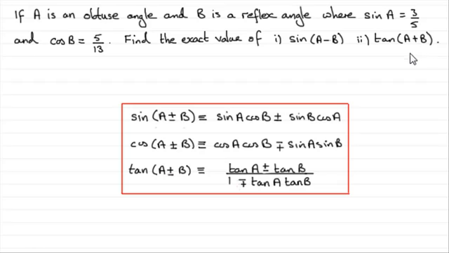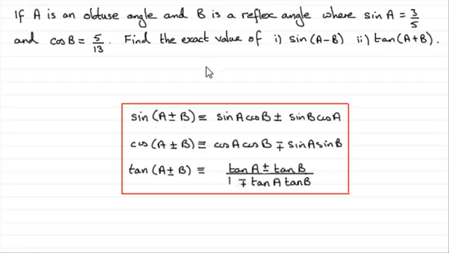Now, when I get students doing questions like this, their first reaction is, okay, why can't I get on a calculator, just work out what angle A is by doing the inverse sine of 3/5 and get what B is by doing the inverse cos of 5/13, and then just subtract the angles and take the sine, or add them and take the tan.